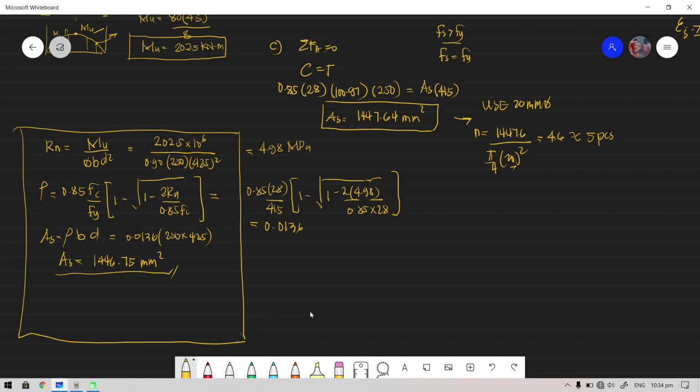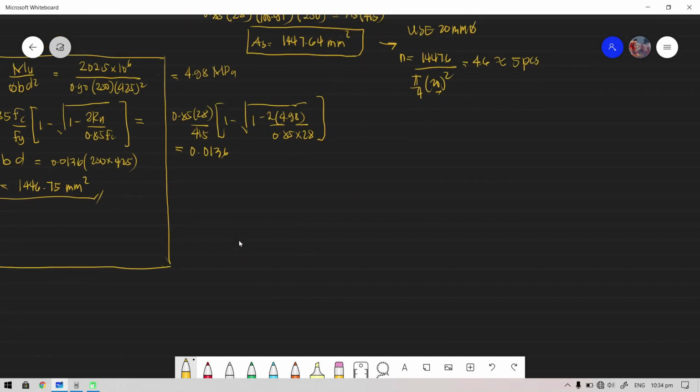Actually, tatlo to. Okay, so, yung next solution naman, third solution, in terms yung formula pa rin. So, ang Mu is, we have phi F prime C BD squared omega times 1 minus 0.59 omega. Ano naman yung omega dyan? Yung omega na yan is reinforcement index.